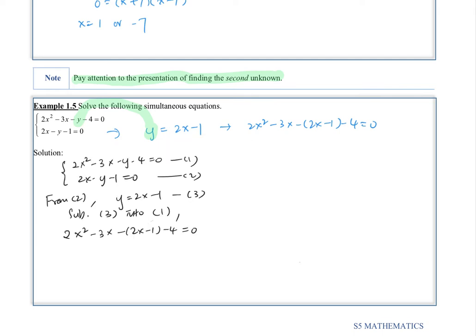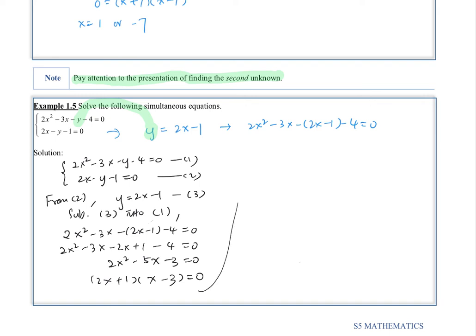So now Miss Lam has written down the steps in a nice way, right? With a better presentation. 2x squared minus 5x minus 3 is equal to 0. So use the cross method. 2x minus 3, this is minus 6x, and then plus 1. So you'll get x is equal to negative 1 over 2, or x is equal to 3.